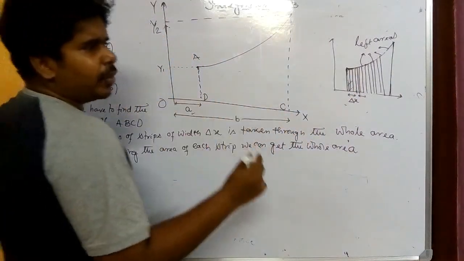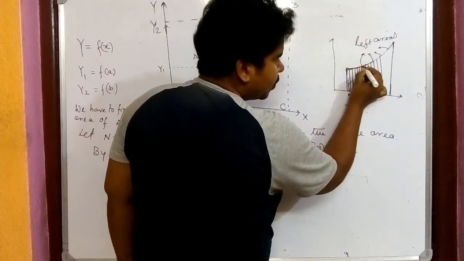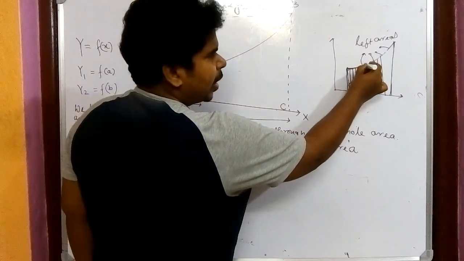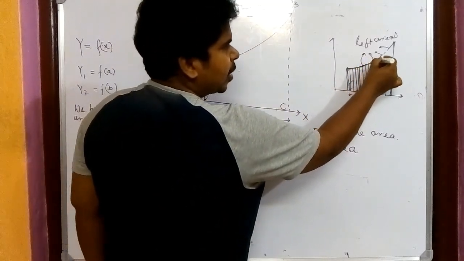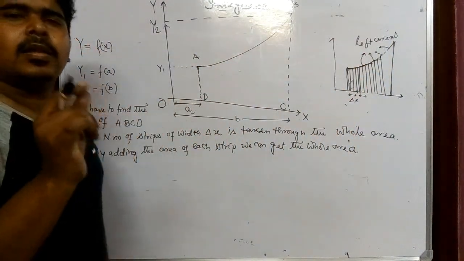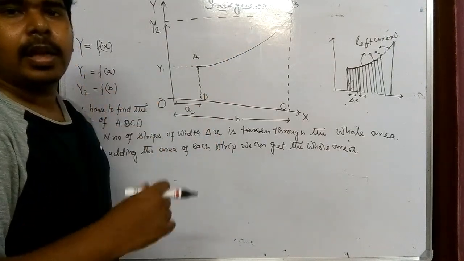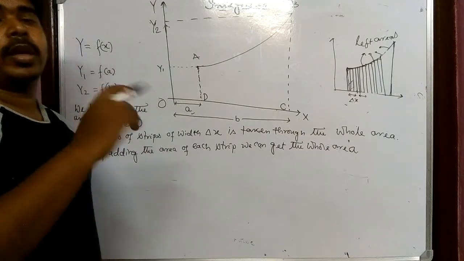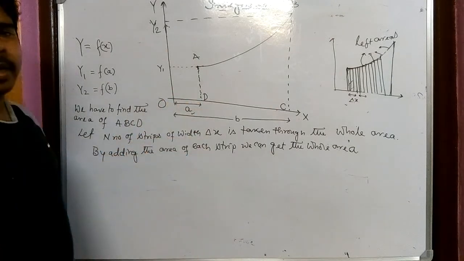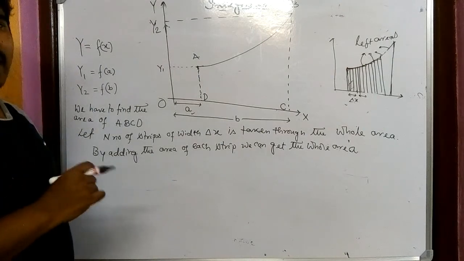If we decrease the width this way, you see the lost area is very less. Very little area has come. Initially, look how much area we had, but if I decrease the width of the stripes, the left or lost areas go away. So what do we have to assume here? The width of the stripe, delta x, should be very small. How much?